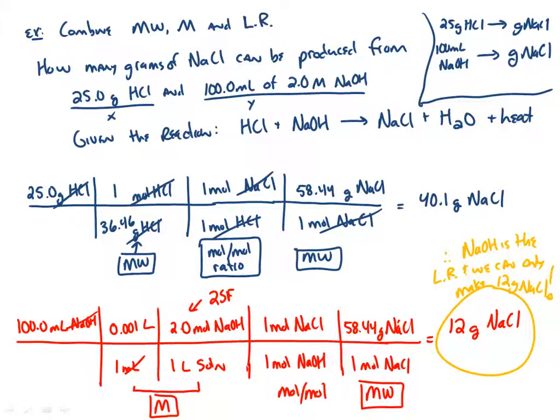So that's taking what we learned yesterday, Wednesday, where we converted our grams to moles, mole to mole, and then back to grams, and what we're learning today, which is how to use molarity as a conversion factor, and we went to grams in this case. So look for the similarities in these problems.